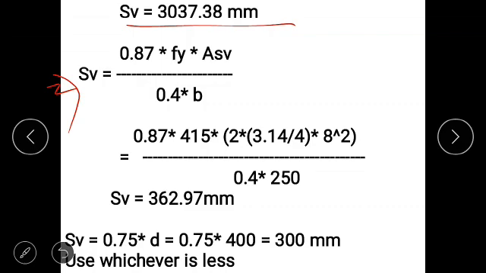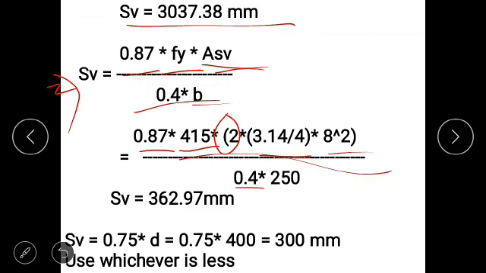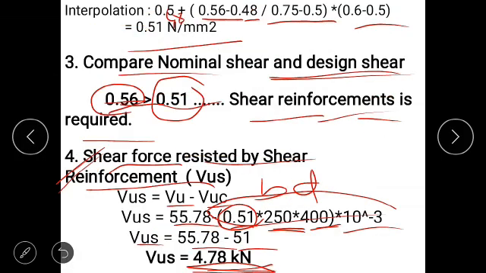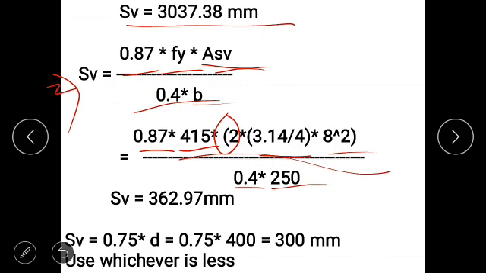Second, we have to find the minimum reinforcement. SV is 0.87 Fy into ASV divided by 0.4 B. 0.87 Fy is 415, and ASV means 2 legged into pi by 4 into d square, divided by 0.4 into B. Our value of B is already given, 250, so take B as 250.